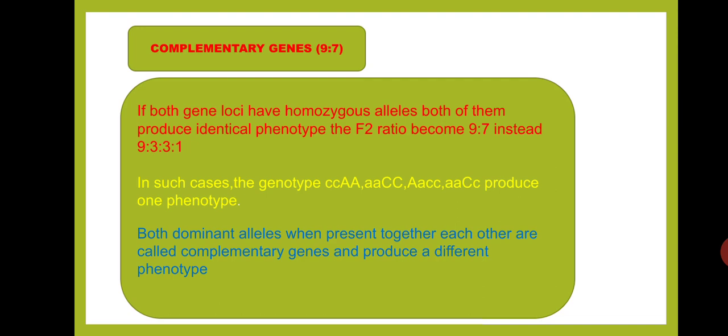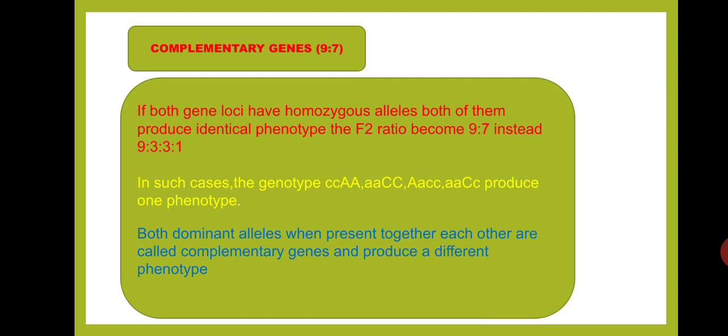The definition is also: two or more non-allelic genes interact with one another to produce a character, but one gene cannot produce that character in the absence of the other.